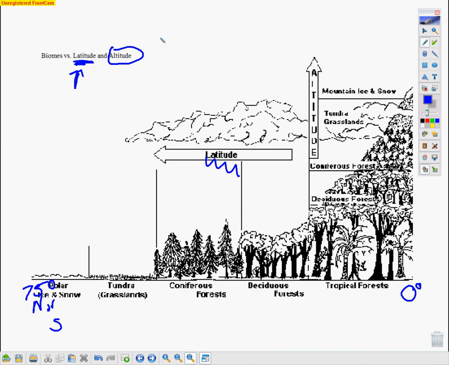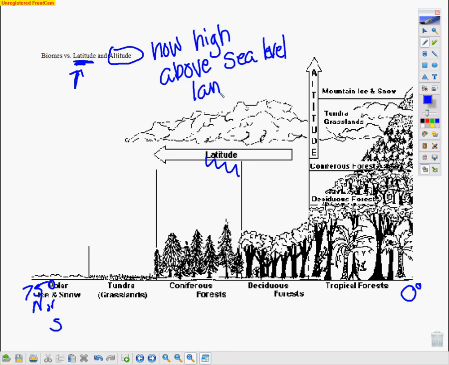Altitude, however, talks about how high above sea level the land that you're studying is. How high above sea level is the land.